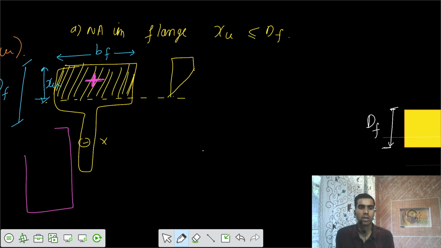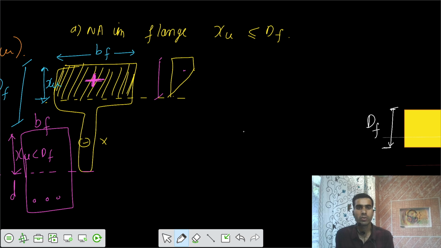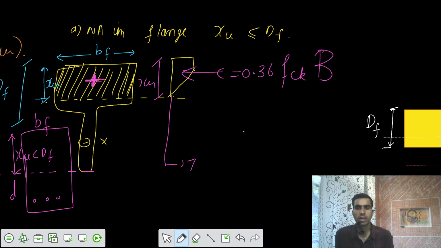So if I make it a singly reinforced beam with dimensions BF and some effective depth D, such that the neutral axis is at XU less than DF, I can have the variation in this fashion. This is XU, and there's some T force also, and some C force, and the C force is equal to 0.36 FCK, and BF.